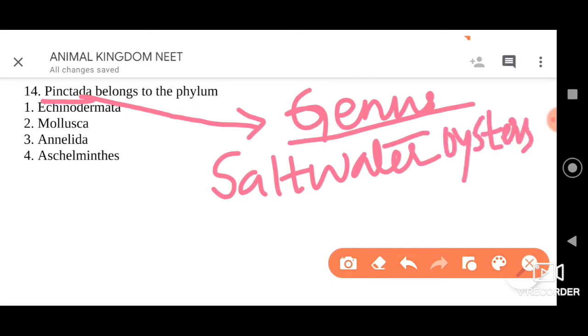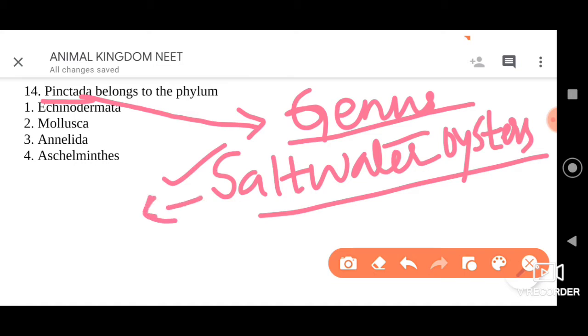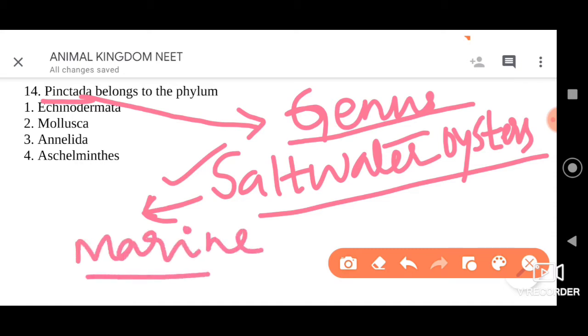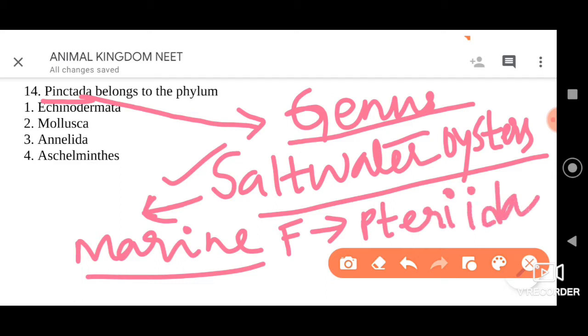Alright? So remember this first point. When it is referred to as saltwater oysters, it is obvious that they are present in the marine waters, in the sea. Okay, fine. They come under the family Pteriidae, which has pearl oysters.